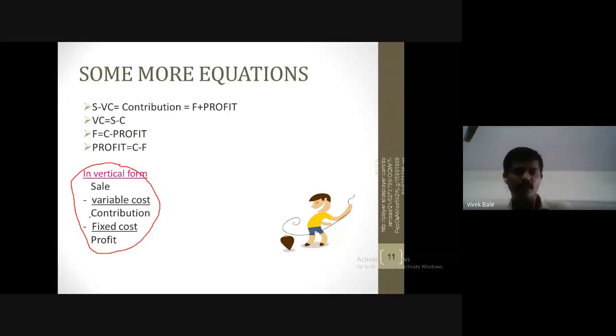Fixed cost is equal to contribution minus profit, and profit is equal to contribution minus fixed cost, so that you will get the profit. So this is just a simple equation that you need to understand whenever you are trying to solve the problems of marginal costing.